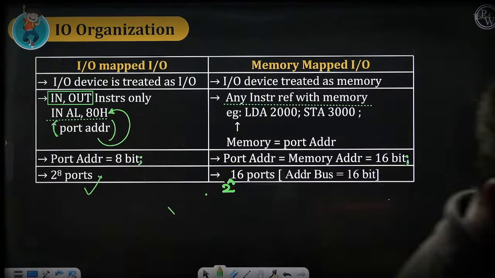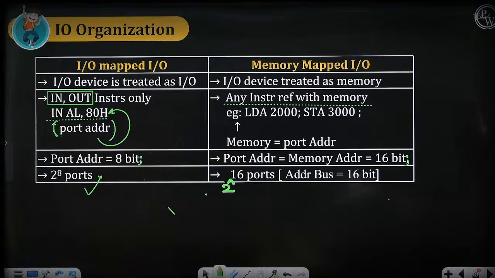Are all of you understanding? Is COA not clear to you? Computer organization and architecture is not clear?